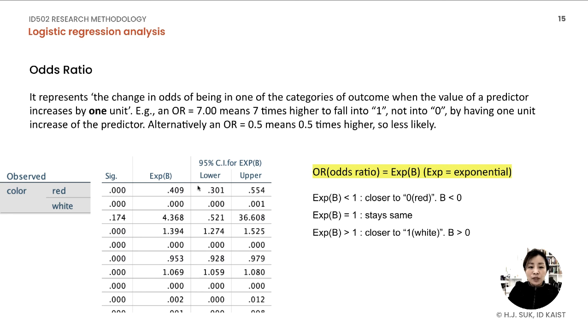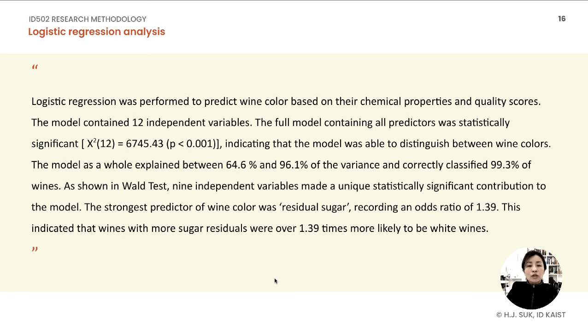Okay, if this OR equals 7, it means 7 times higher to fall into 1, not into 0. Okay, right. So if you want to write down a paragraph out of the results, then you can refer to this passage, and you can replace the numbers with your own results.